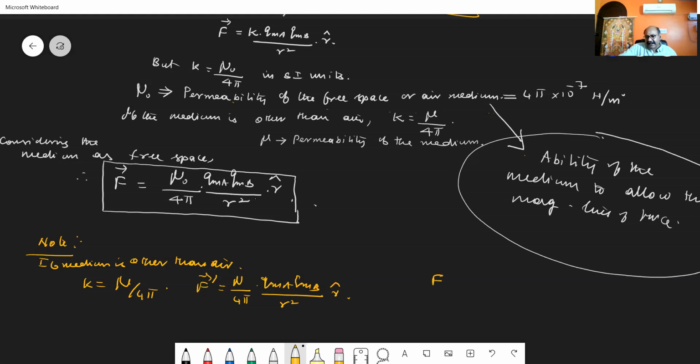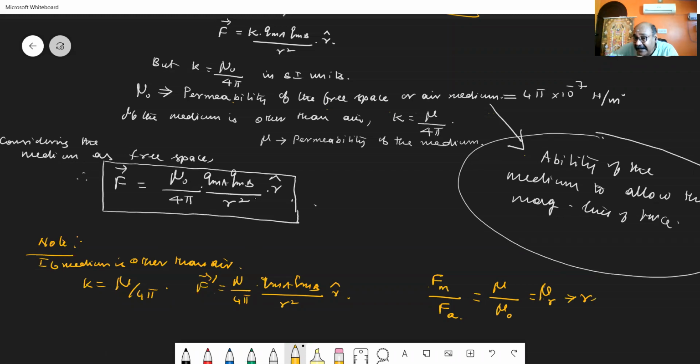If you divide F dash by F, the force in the medium divided by the force in the air medium, I get the relation mu divided by mu0, as you have studied in electrostatics. Mu by mu zero can be written as mu r.